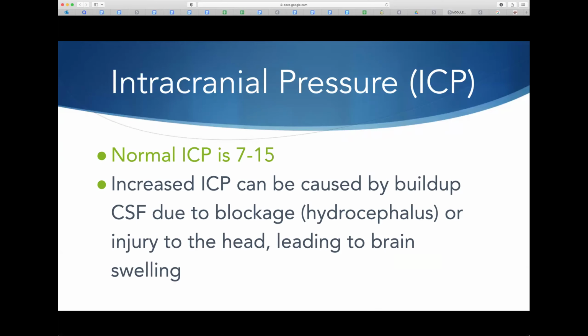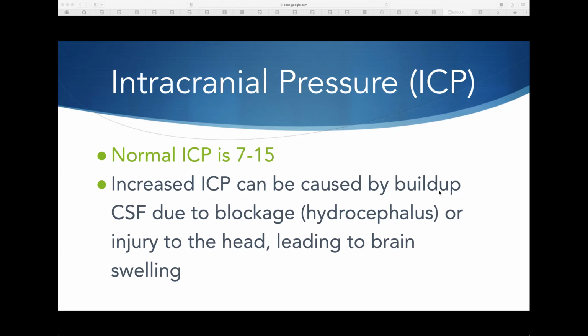When you're learning this stuff, it's a lot coming at you all at once. But increased ICP: there are 2 things that I want you to memorize. You have the Glasgow Coma scale, which is 3 to 15, and then you have ICP, which is 7 to 15. The Glasgow Coma scale is us quantifying the patient's level of consciousness, right?